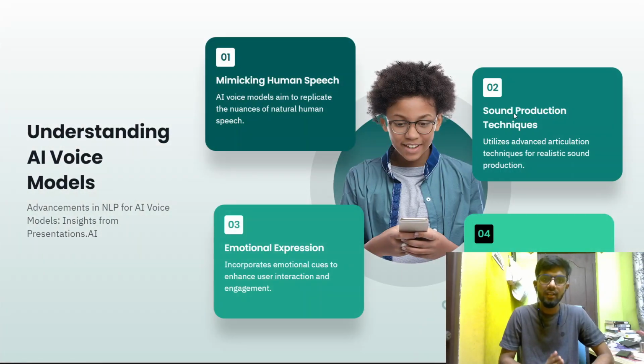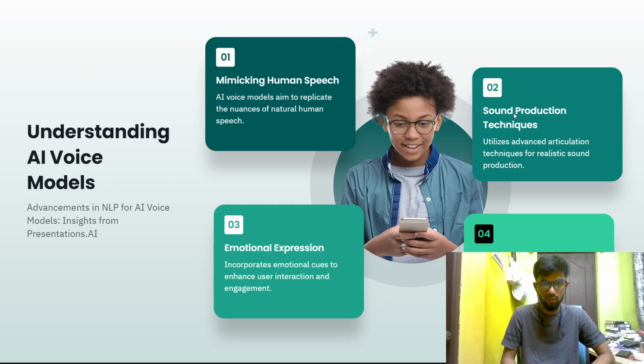So at first let's understand what an AI voice model is. An AI model is something which mimics human speech, like the natural way of human speech, the AI will replicate it. Second, we see sound production techniques. It uses advanced articulation techniques like place of articulation and manner of articulation.